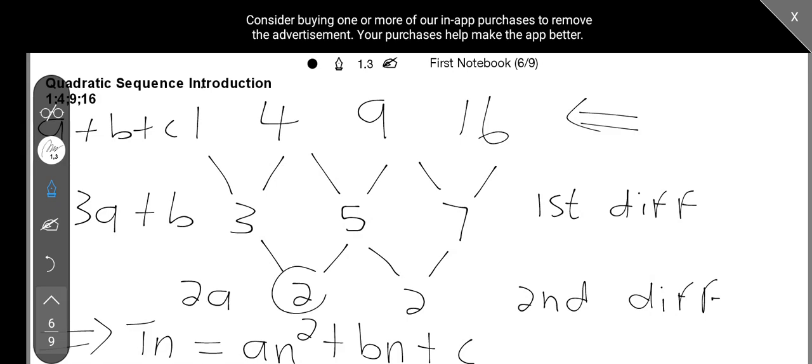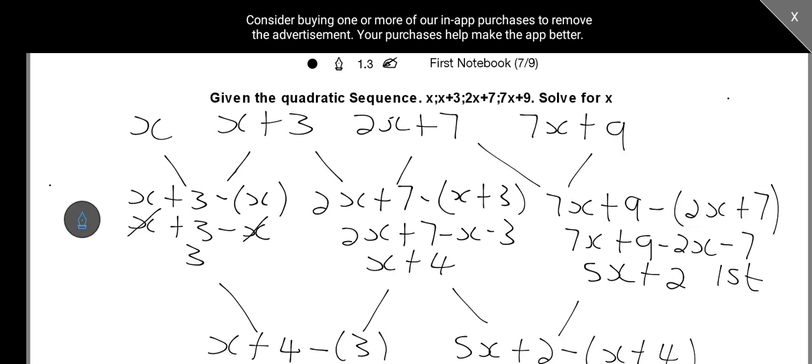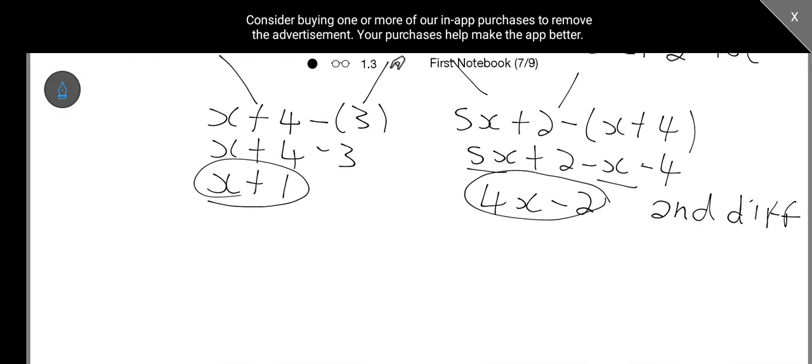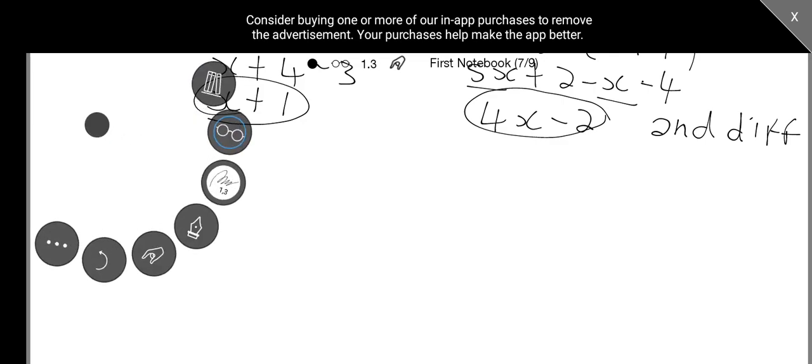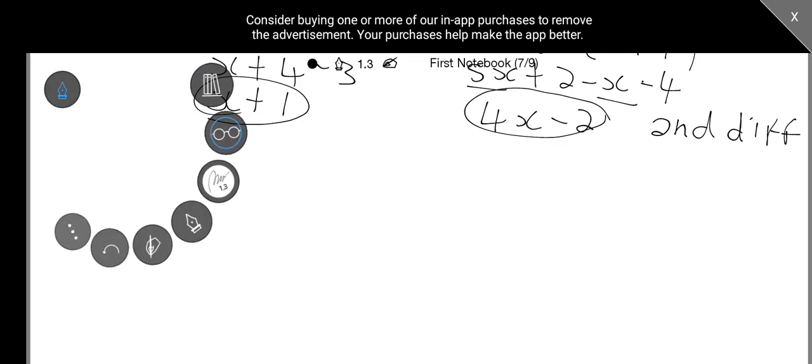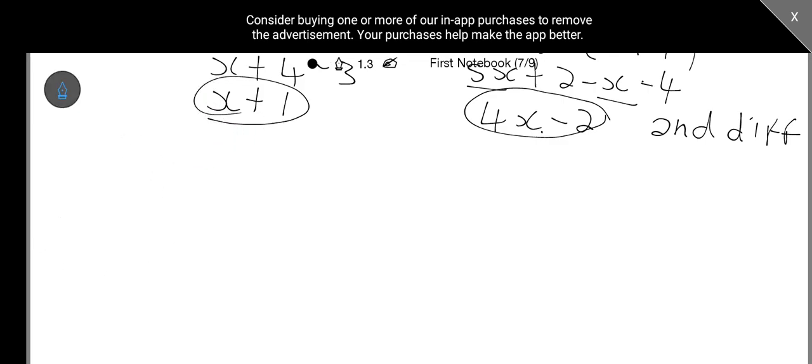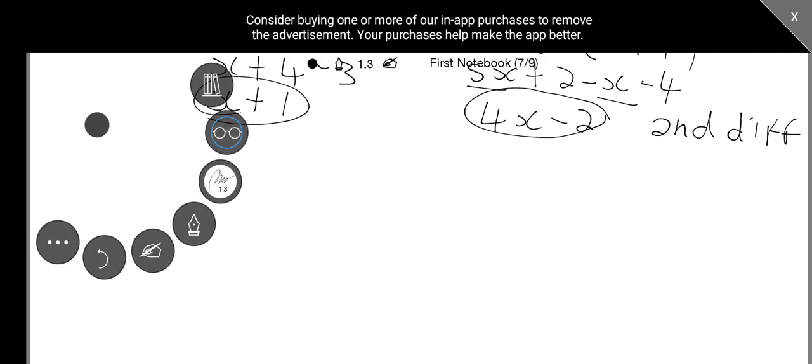Here we had 2 and here we had 2. So always with a quadratic sequence, the second difference must be constant. So because we are sure that the number which must be here is the same number that must be here, we are going to equate them.